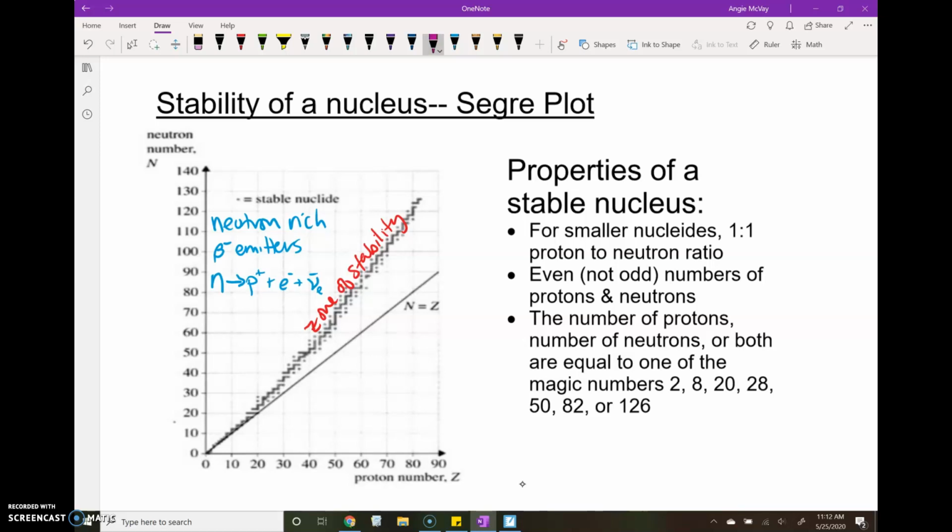If you're down in this bottom right-hand corner, that means you've got more protons than neutrons, so you're considered proton rich.